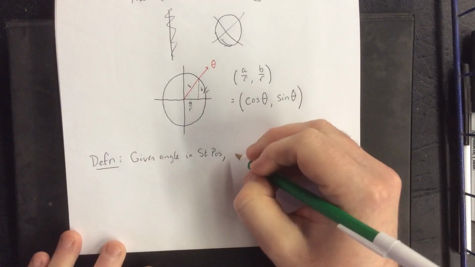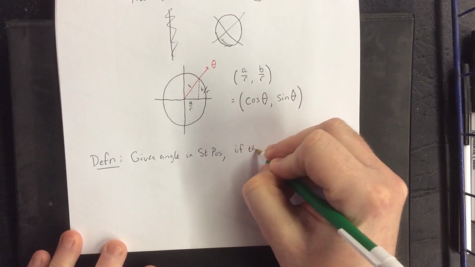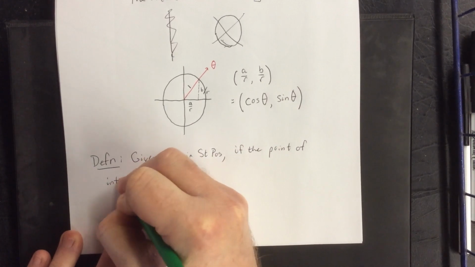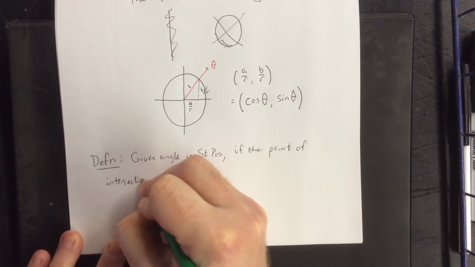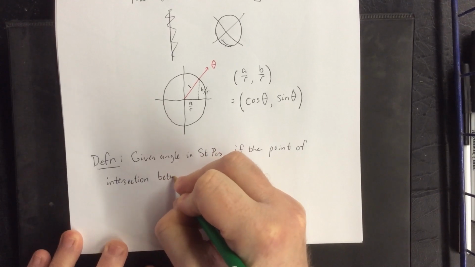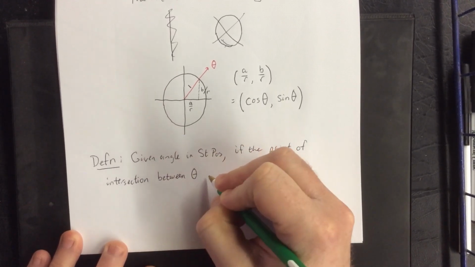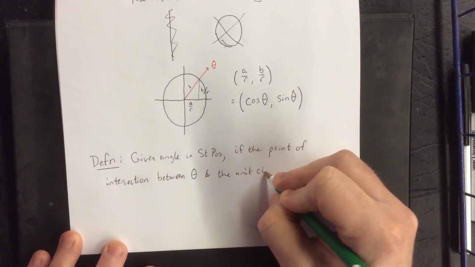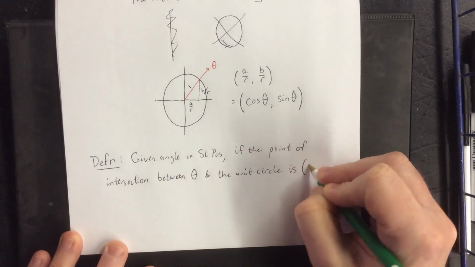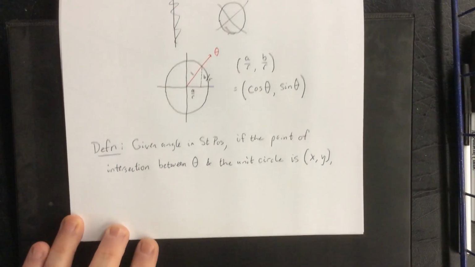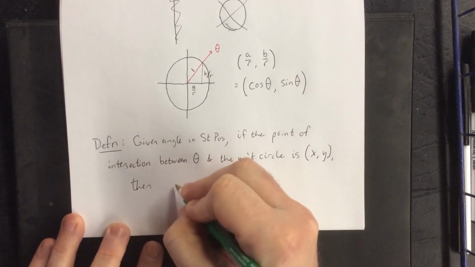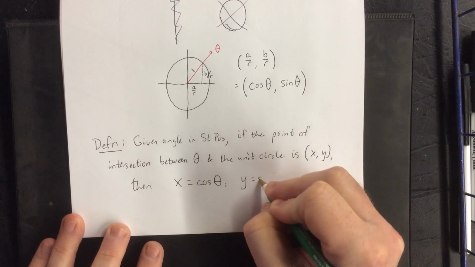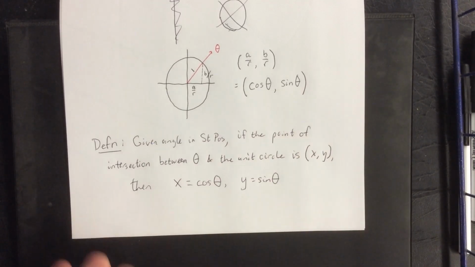Given an angle in standard position, if the point of intersection between theta and the unit circle is the ordered pair x, y, then the x-coordinate is going to be the cosine of theta, and the y-coordinate is going to be the sine of theta.